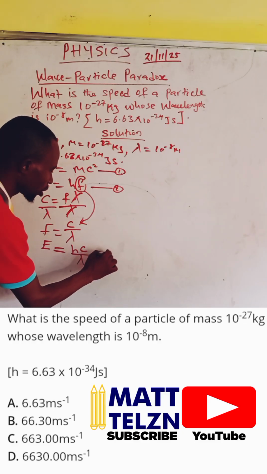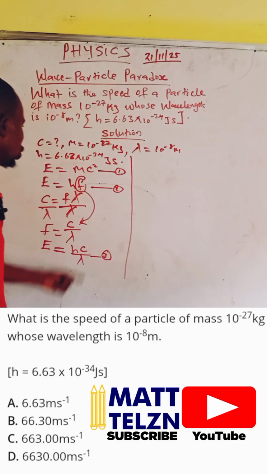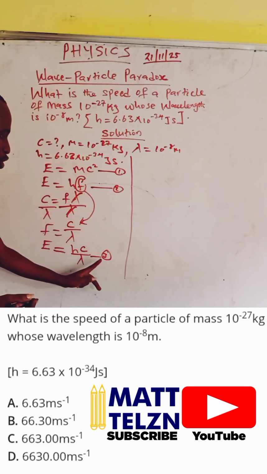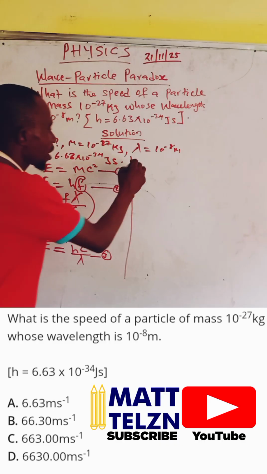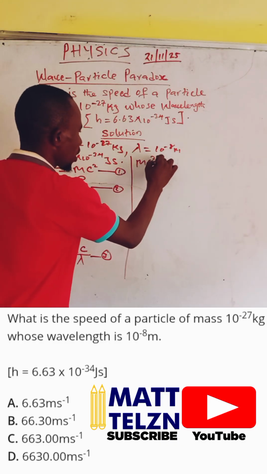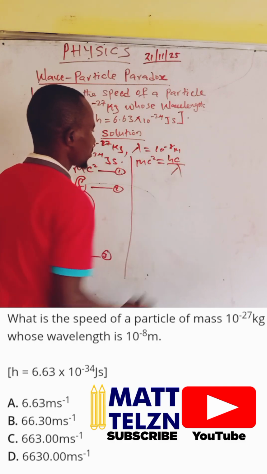This is equation 3. Good. The next thing is, let me equate the equation 1 and equation 3. All are energy, right? So what I'm going to have is mc squared equal to hc over lambda.